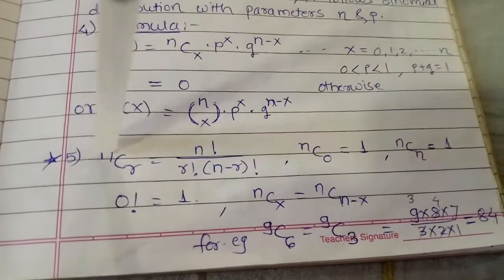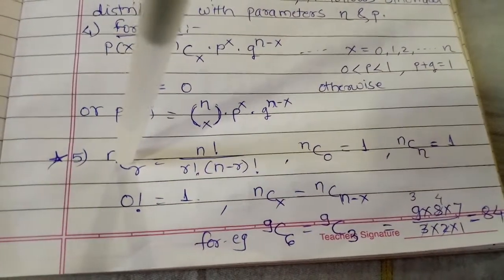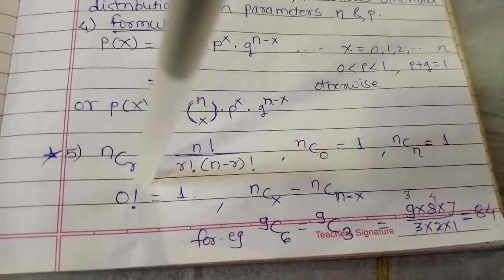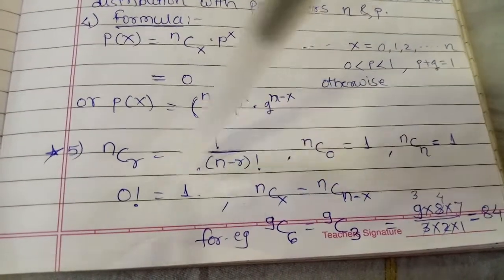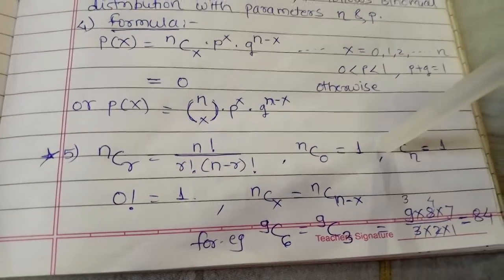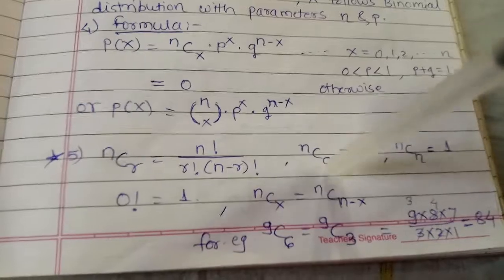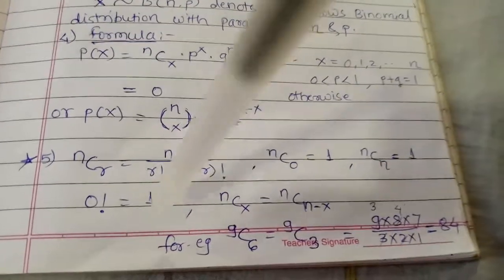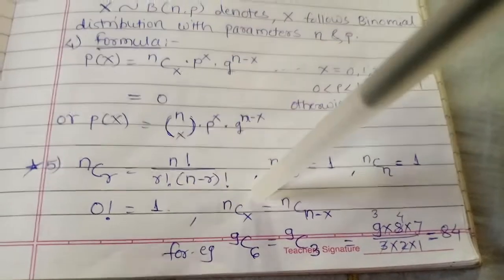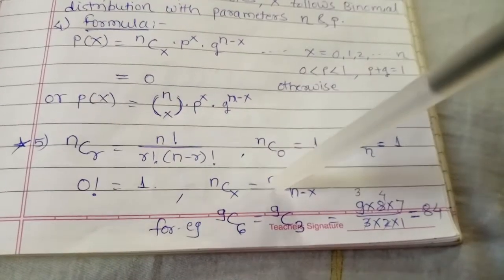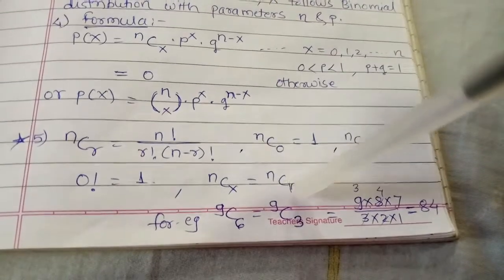The formula is nCr, the number of combinations of n items r at a time, which is given by n factorial upon r factorial into n minus r factorial. Also you have to know that nC0 is equal to 1, nCn is also equal to 1, and 0 factorial is also 1. Similarly, one more important formula: nCx is also equal to nC(n minus x).